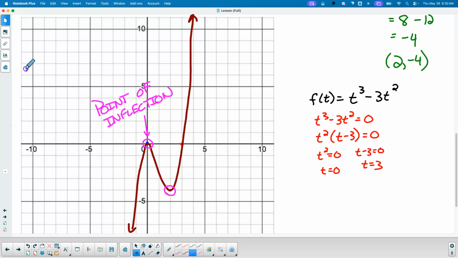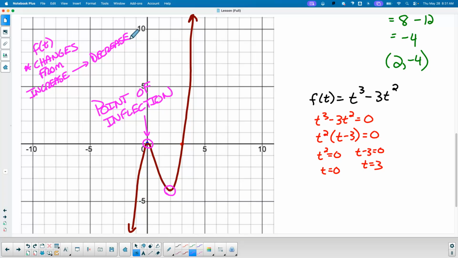It changes the function from increasing to decreasing. So now we're decreasing because my function is going down, right?